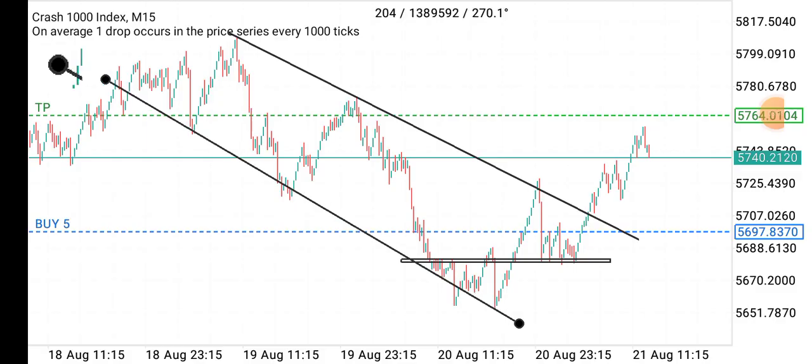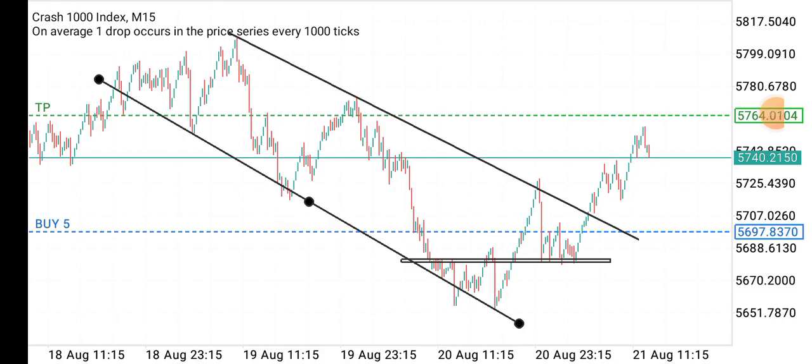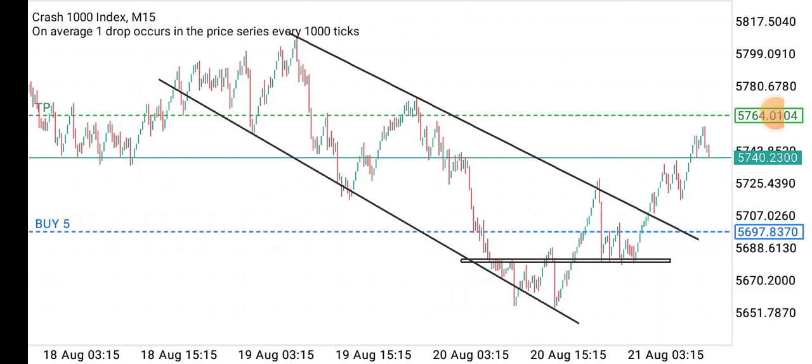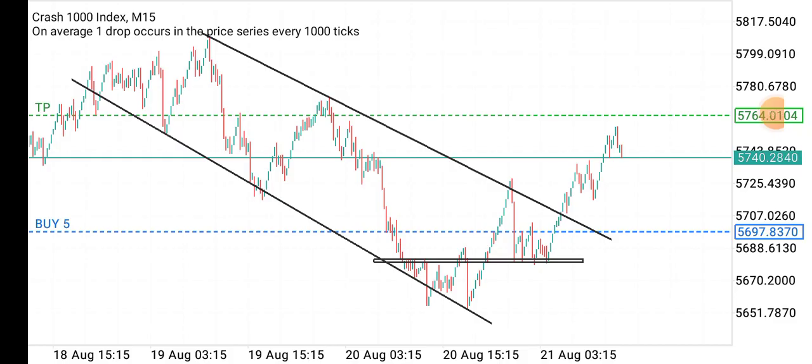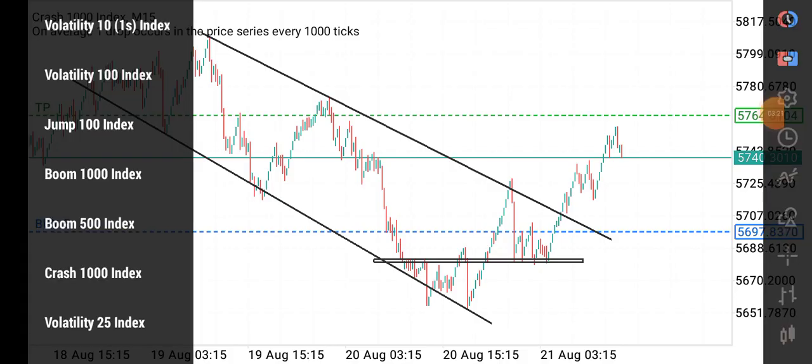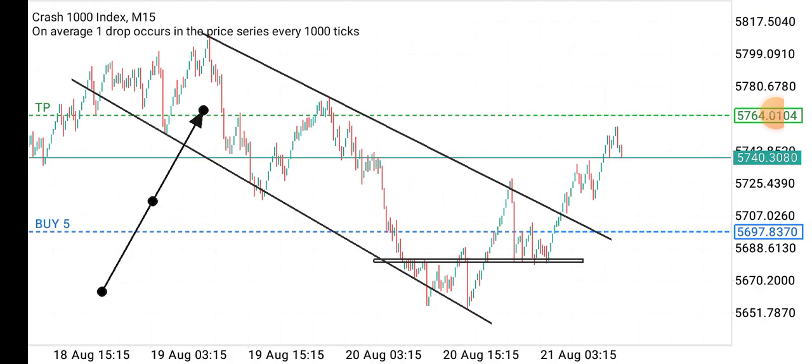All right, so look at what I found here. You can see this pattern right here. It's a very simple approach to trading. It's not rocket science, you know. What the market actually did was this. It created lower highs and lower lows. Then the market got to this zone.